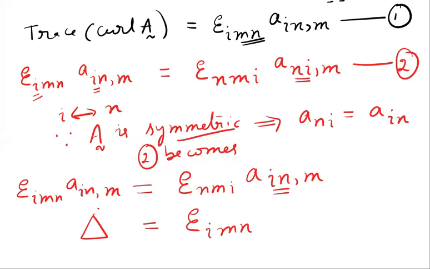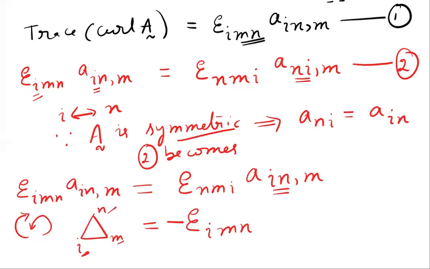So nmi is cyclic or clockwise. Now look at imn. That means it is becoming like this, so the directions are opposite. Whenever directions are opposite, I have to take the sign minus.